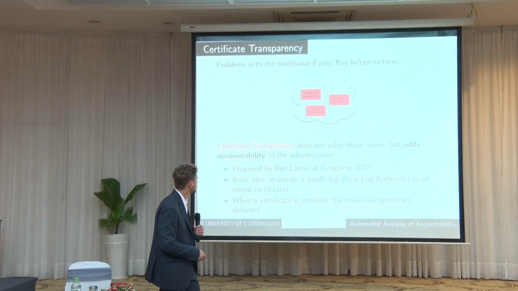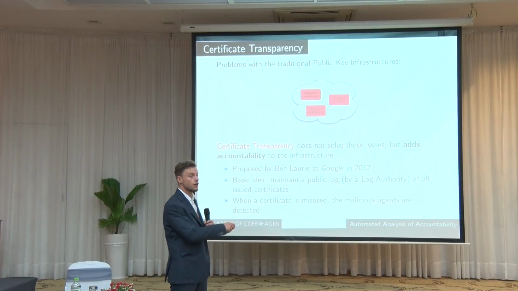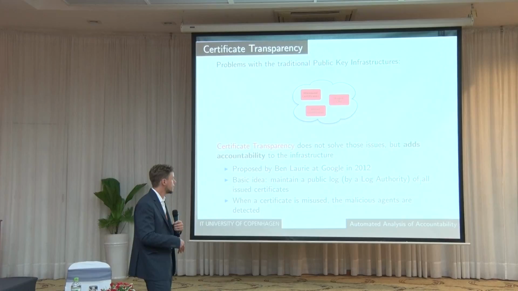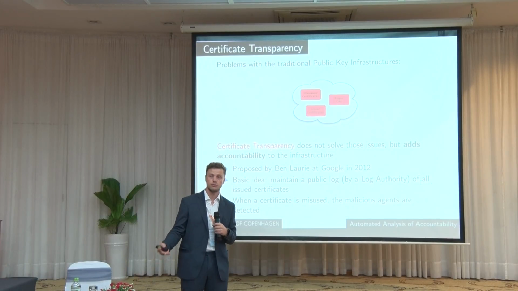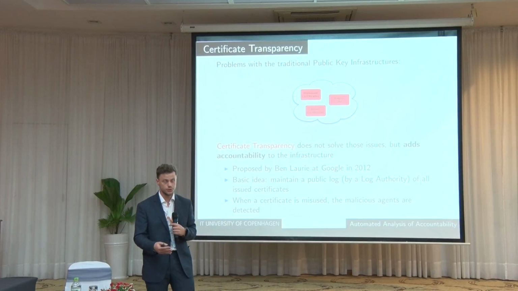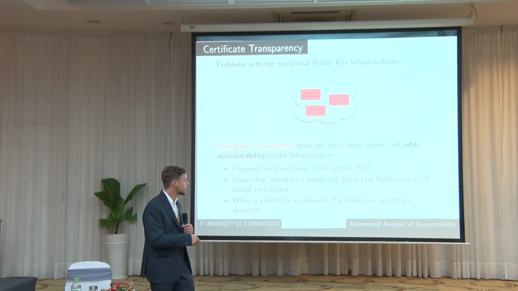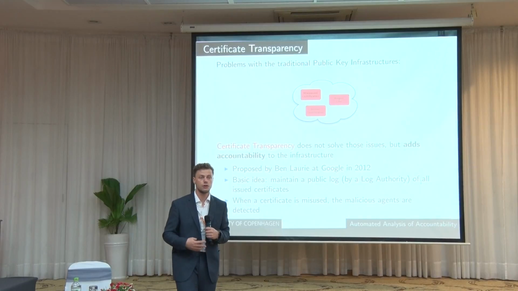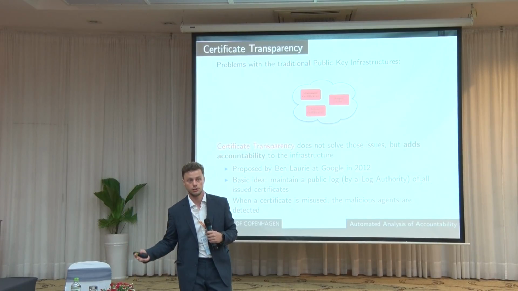So what Google proposed at the time was to add some sort of accountability to the infrastructure. The main idea was to construct a public log of all the certificates that are produced. And then when a certificate is misused, the malicious agents get detected, because now all the certificates that are produced are published in a public log.